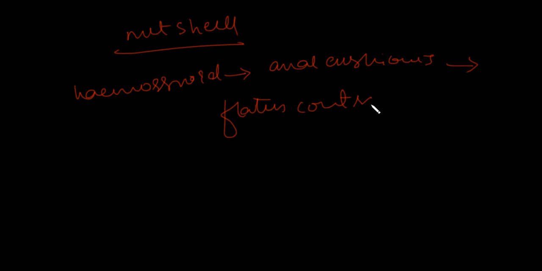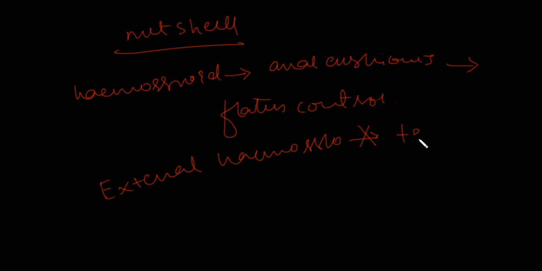And the best thing that I learned while reading the book is that external hemorrhoids are not true hemorrhoids. This is a big no to true hemorrhoids. These are basically dilation of the inferior hemorrhoidal plexus.